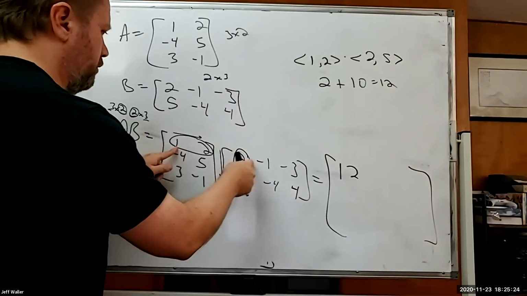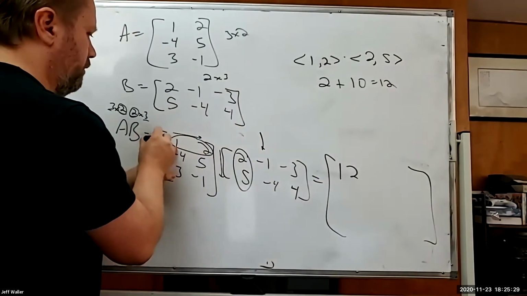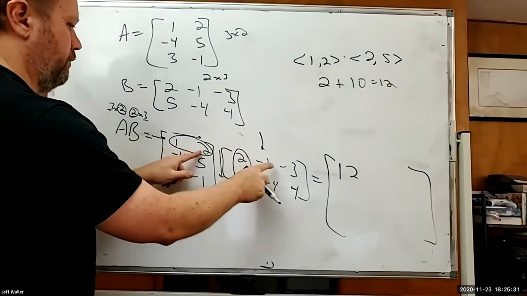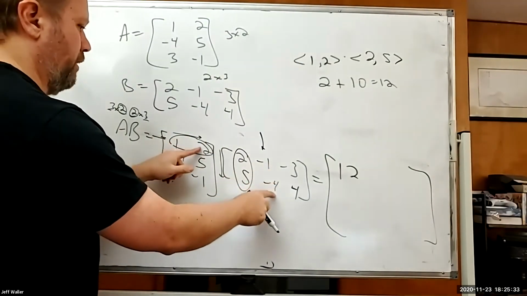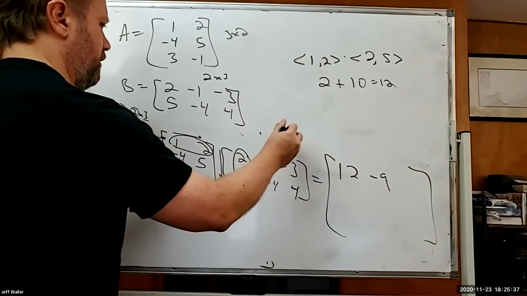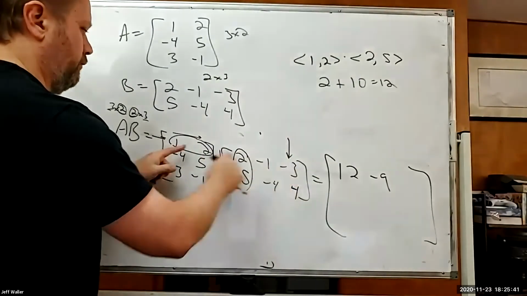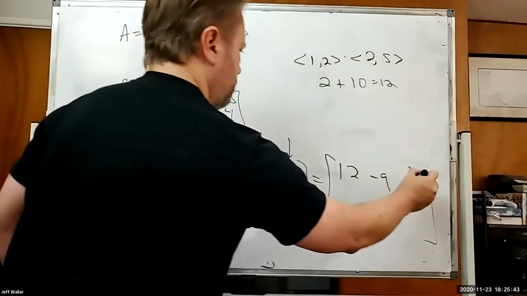Now move over. So I was here, now I'm there, and I'm still here. 1 times -1 plus 2 times -4 is -1 minus 8 is -9. Now I move over. First row, third column. -3 plus 8, 5.